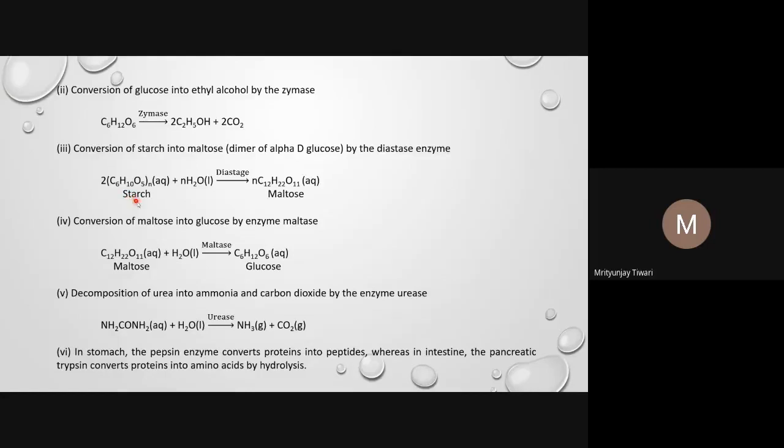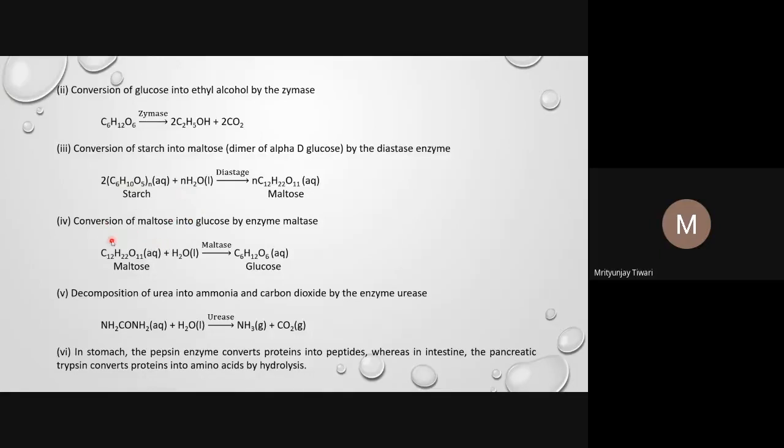So this is starch. When starch reacts, if n such units are there, we need n water molecules in the balanced reaction, in the presence of the diastase enzyme. The diastase enzyme catalyzes the hydrolysis of starch into maltose, a disaccharide, so n molecules of maltose are created.